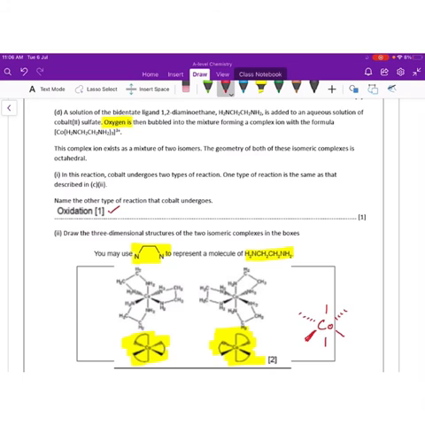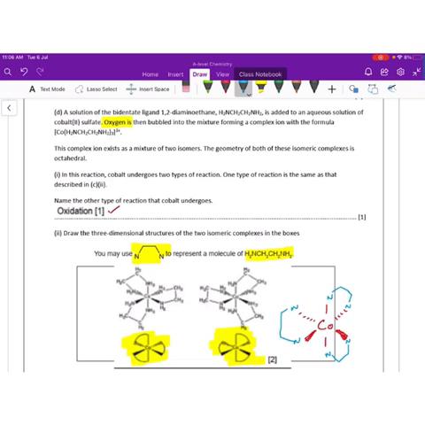So the square planar part is the 3D: it's the 2 going to the back and 2 going to the front. And now those are linked with the N. There we go.